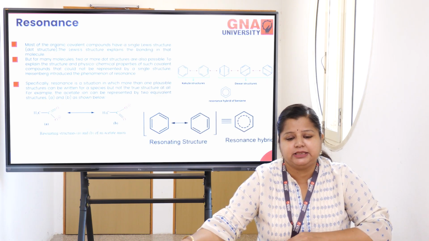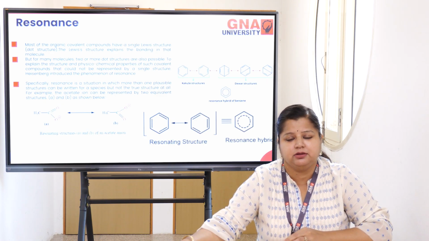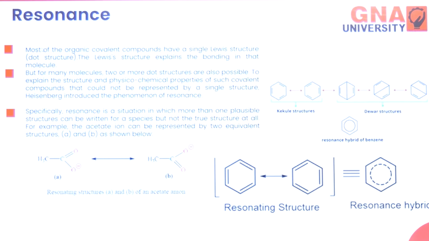So the next part is resonance, right? We know that for some compounds we can represent the structure by a single Lewis structure, or we can say the dot structure. But there are some organic compounds whose structure cannot be represented by a single Lewis structure.